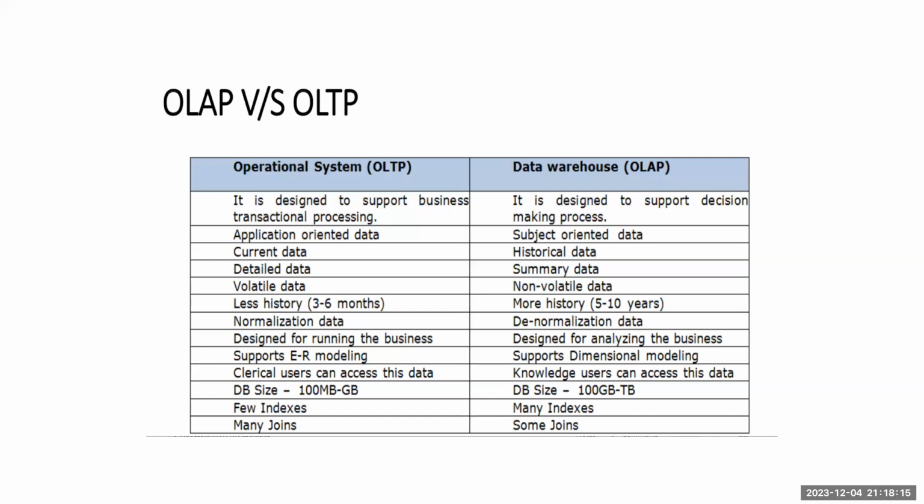OLTP contains detailed data, meaning whatever data you are generating through your online application, that data will be stored. Suppose you have mentioned that you have bought 30 quantities of some item. That will show in the OLTP as 30 only. But in OLAP, you can modify the quantity as per your requirement. So that is showing summary data or aggregated data.